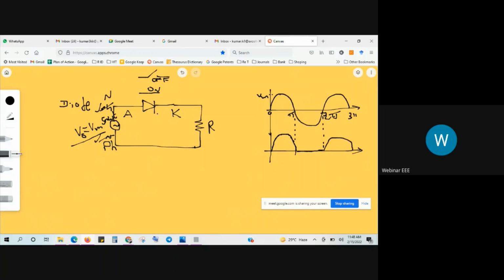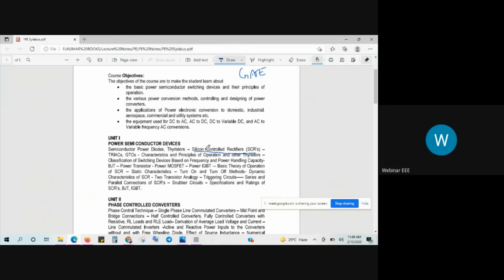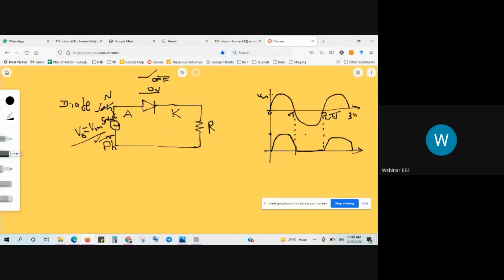So this is the diode, but what we actually have in the syllabus is SCR. So we need to focus much on the silicon controlled rectifier. If you observe clearly, whatever input voltage we have, the same voltage we get at the output side. This is V0.